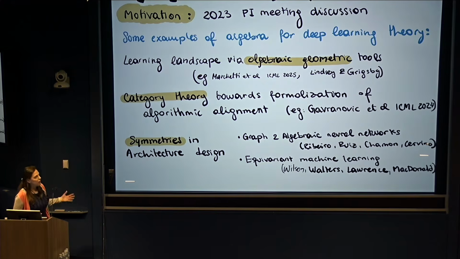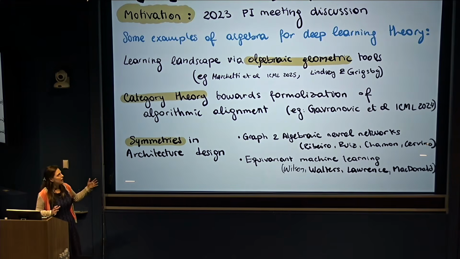But here in the audience, we have a lot of experts on these. For instance, Lindsay, Catherine, and Elisenda work on things related to the learning landscape via algebraic geometric tools. There's some work related to category theory towards the formalization of algorithmic alignment, which is related to Joan's work in geometric deep learning.